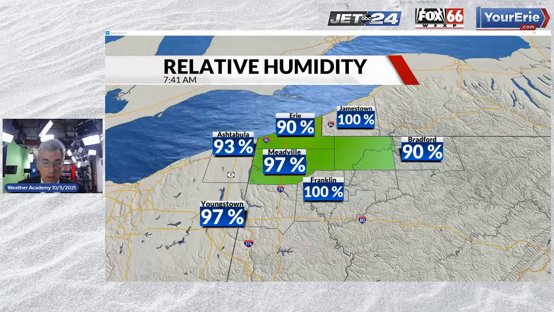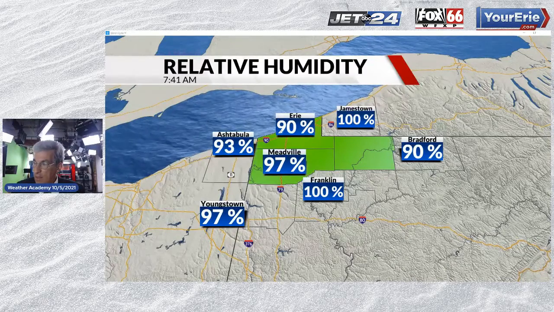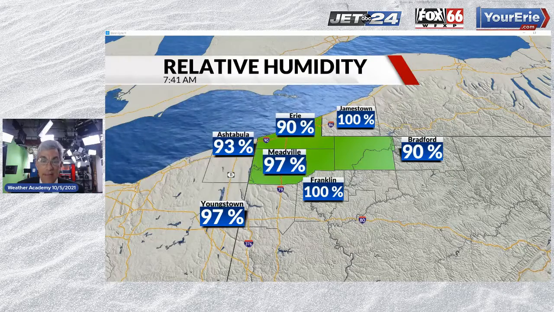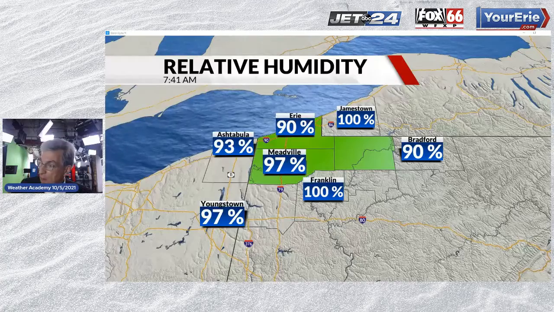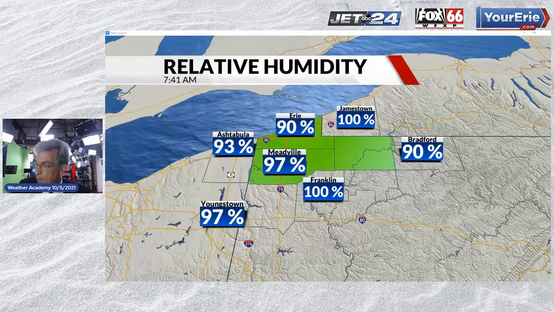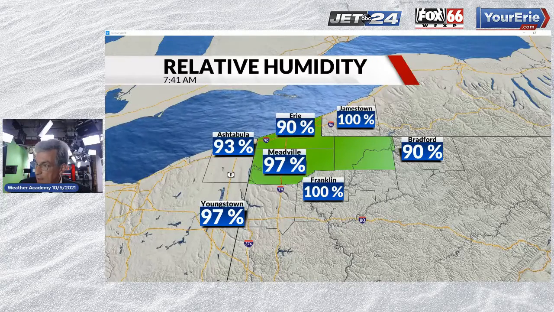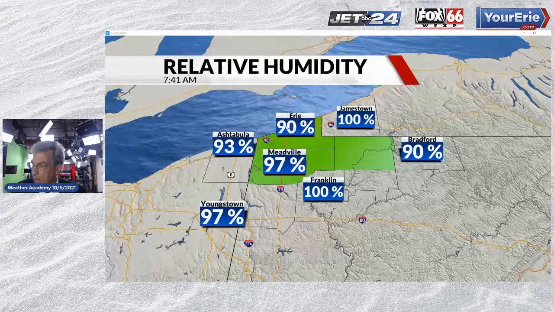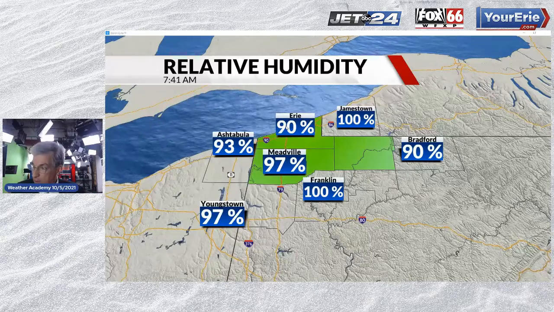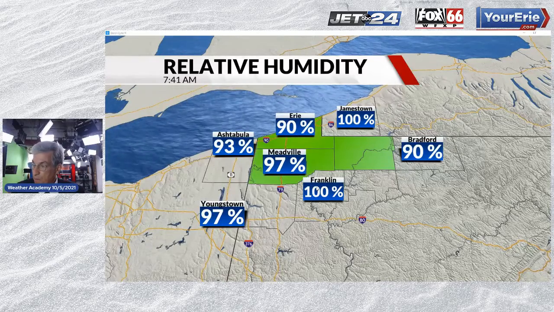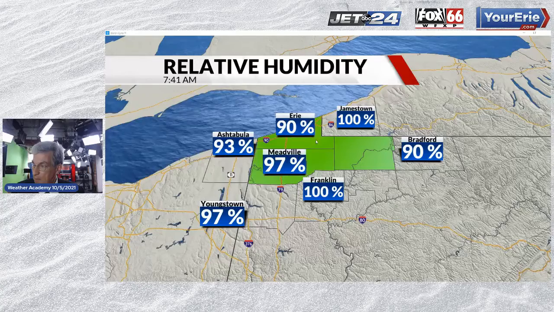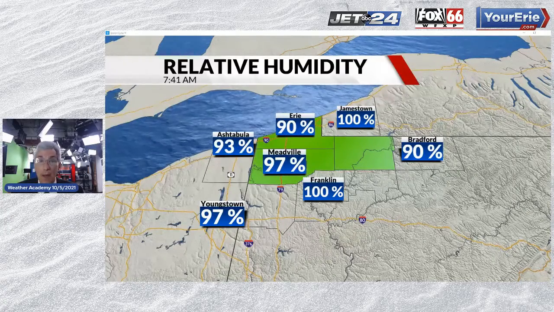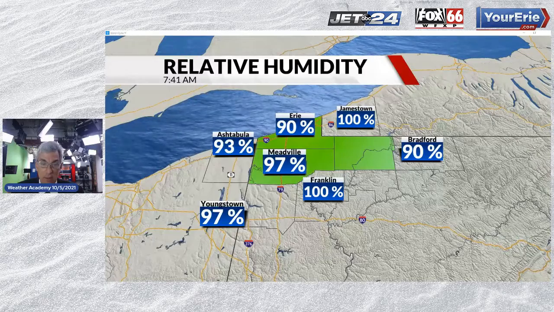You could have relative humidity as low as 90%, but generally speaking, you want to have a relative humidity of at least 90%. And as we see here, relative humidity indeed greater than 90% at the time that we're recording here. Even Erie and Bradford at 90, where oddly enough the fog not as thick here, but Franklin had 100%, Youngstown, Meadville, Ashtabula, all well over 90%. So you want to have very high relative humidity.